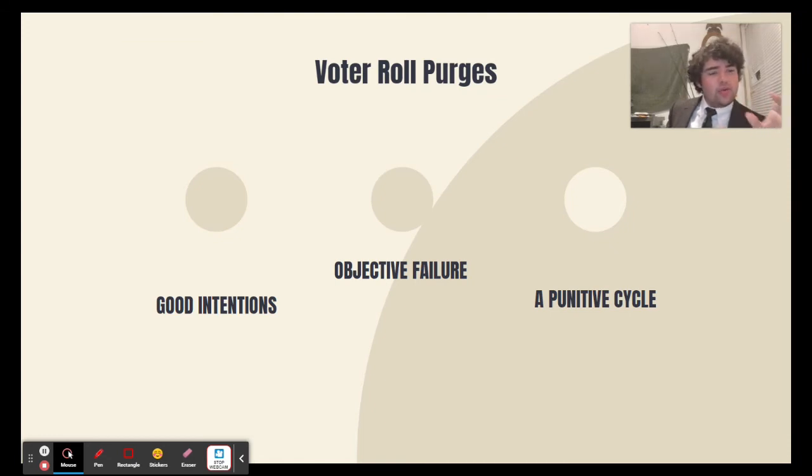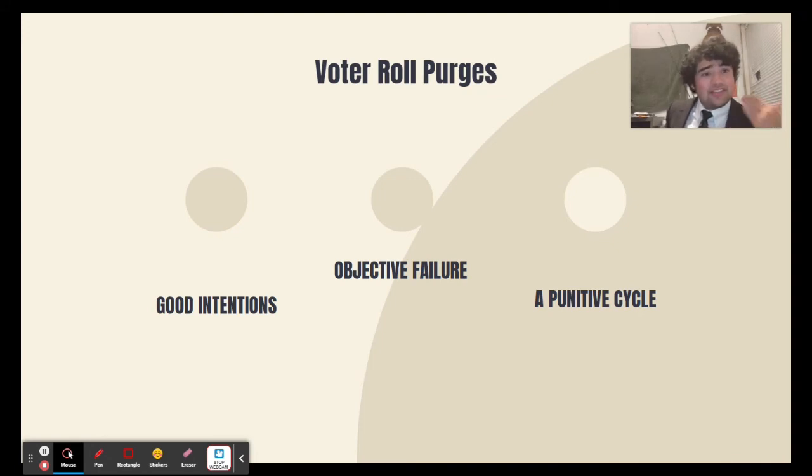Say you have a community with low voter turnout, high levels of political apathy. The government will then, in turn, purge their voter rolls, which, in turn, reduces the amount of voters in the populace and decreases voter turnout yet again.